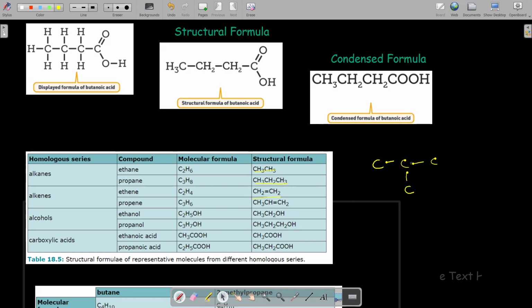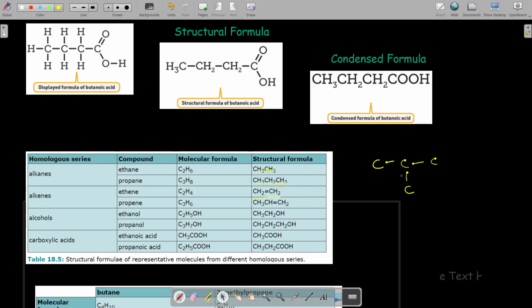So I have brought out a branch. The 4 carbon atoms are not arranged in a straight chain. Yes, they can be, but they do not always have to be arranged in a straight chain. So the 4th carbon can go off the main chain to form a branched structure.